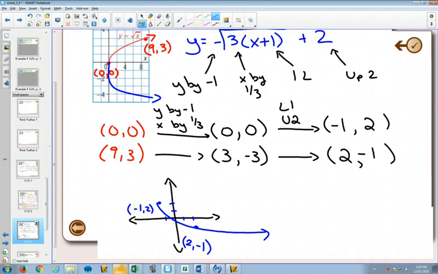Then it's going to move left 1 and up 2. And you get an idea for what your graph is going to look like. But the important part is we know that it's curving like that, not like this. So because of that, we know that this is our final graph, and we're done.